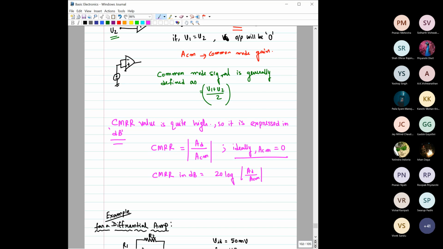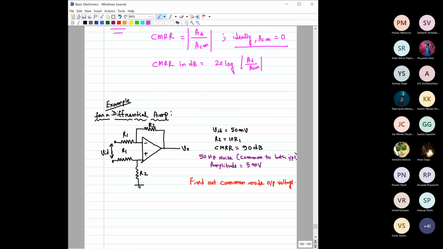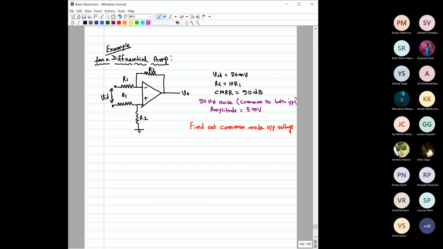Now that you have understood what CMRR is, how it has been defined and how it is expressed in dB, let us take one example for this difference amplifier.